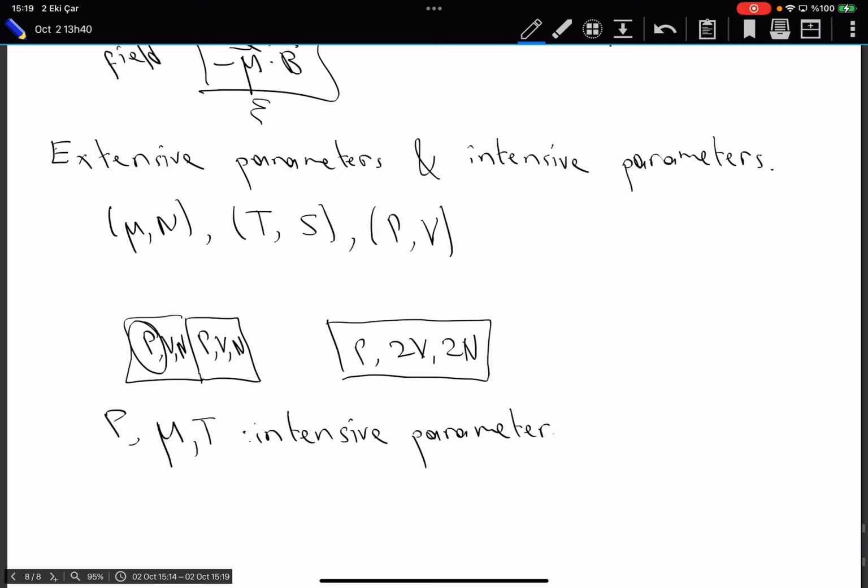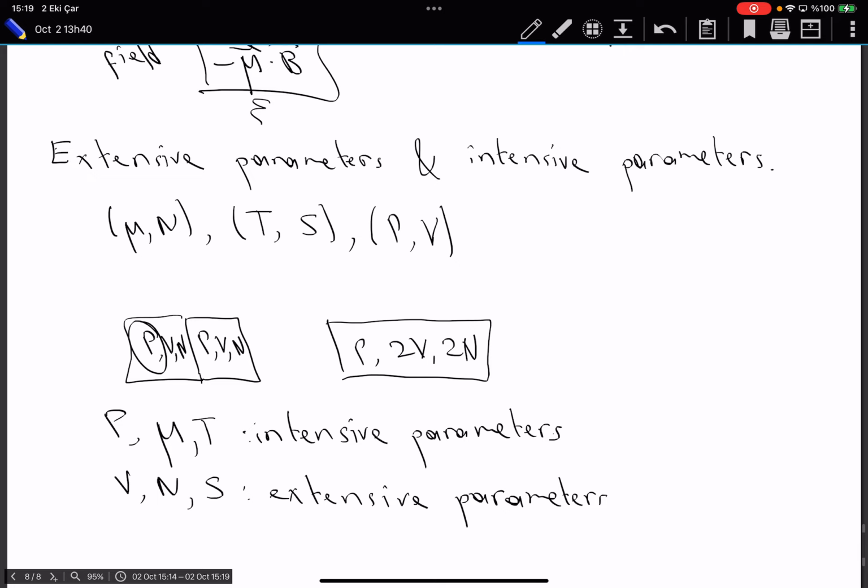Plus, there are other parameters like V and S. These are the extensive parameters. These are the things that, if you double your system, extensive parameters, they should be doubled. Intensive parameters, they should not change. If you triple your system, again, extensive parameters should triple. Intensive parameters should not change.